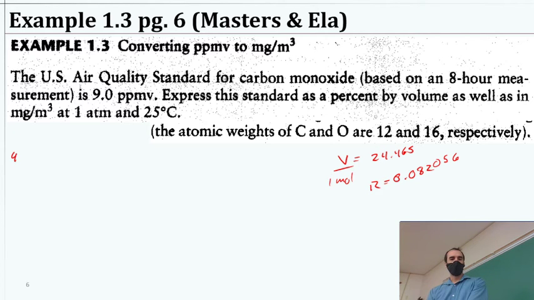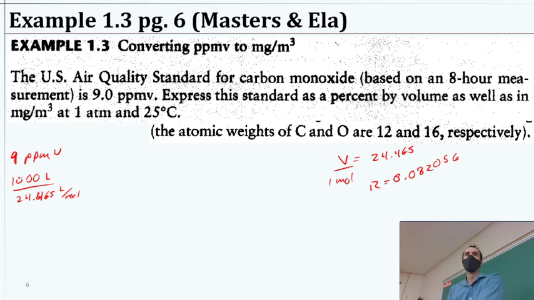So we have 9 parts per million by volume. We know from what we were doing last time, or you could write it out again, that in every 1,000 liters, which is 1 cubic meter, we could divide that by that value at this temperature, 24.465 liters per mole.